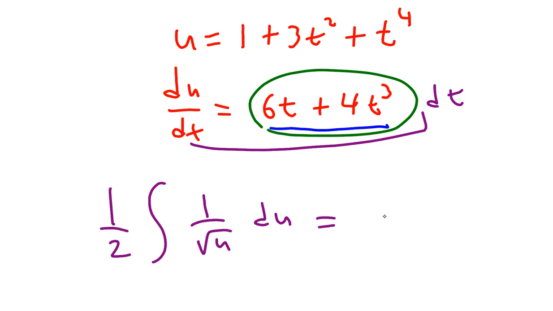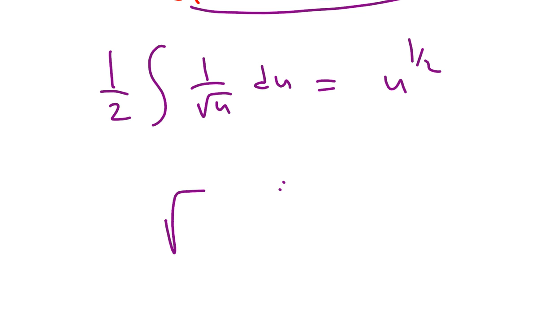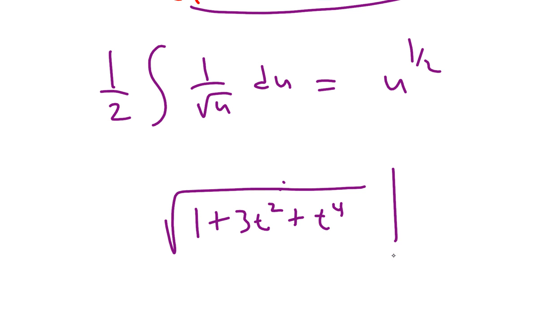And so this is just going to be u to the 1/2. And so we're ready now. We can plug back in our expression. So if we were to do that, we would have the square root of 1 plus 3t squared plus t to the fourth, and we're going to evaluate that from -1 to 1.